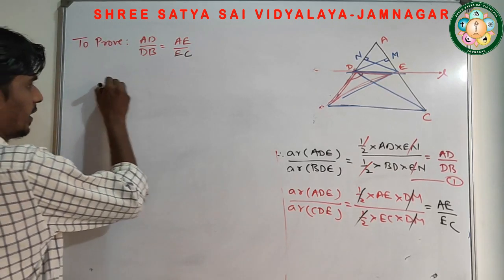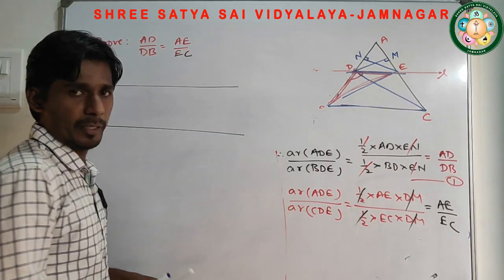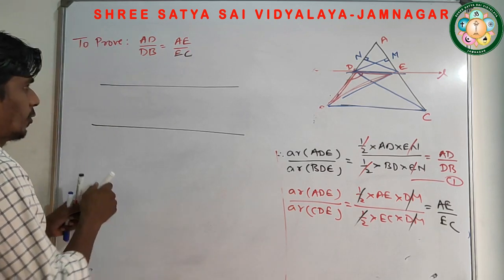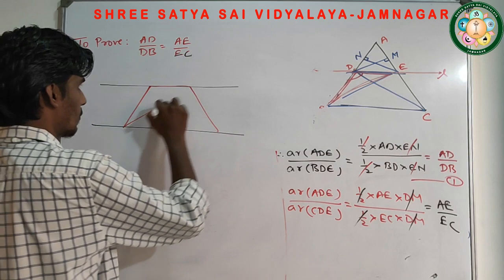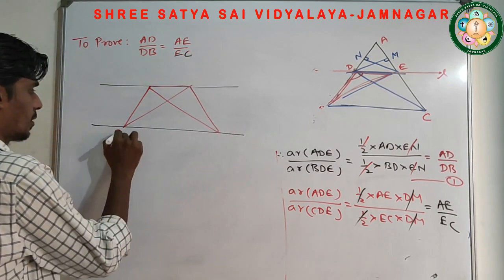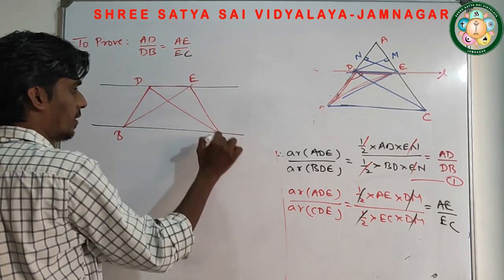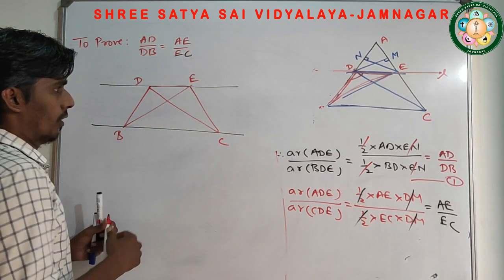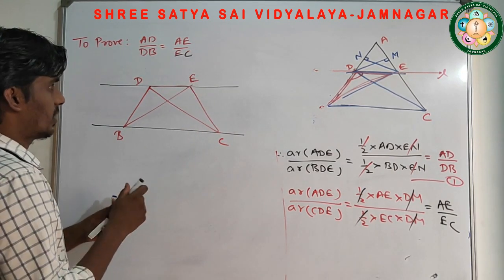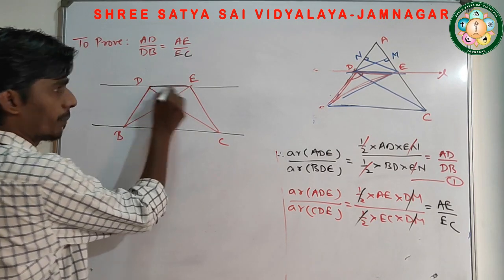From ninth standard we know that if I draw two triangles in between two parallel lines, say this is B, D, E and C. So here two triangles are lying between them. One common base, which is the common base here? DE is the common base.